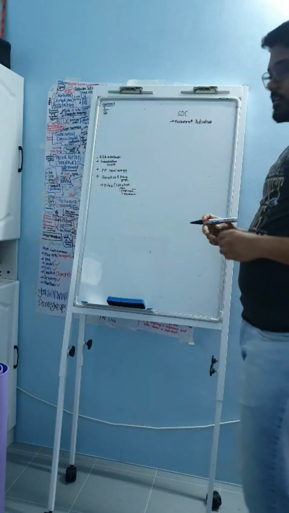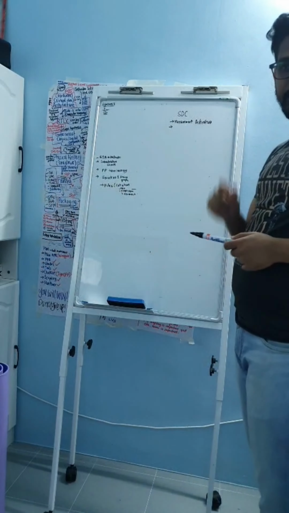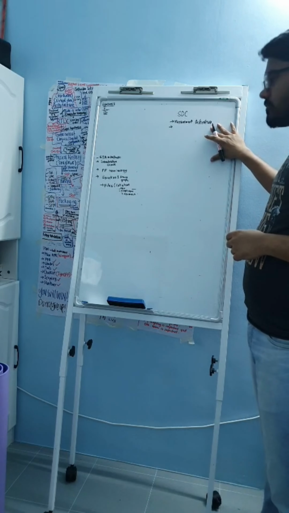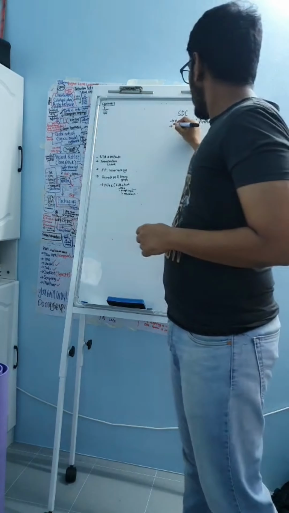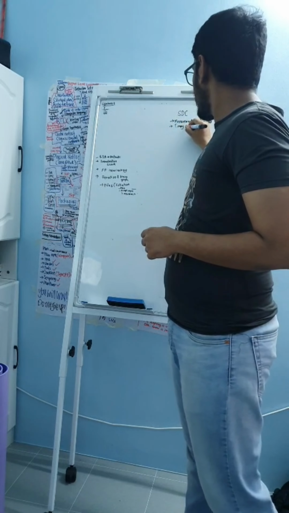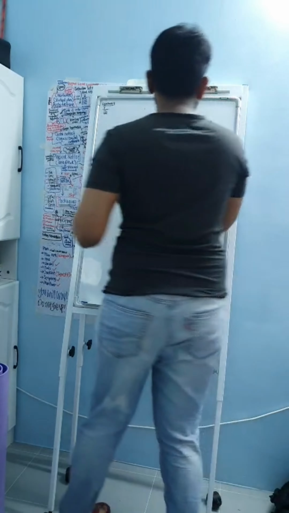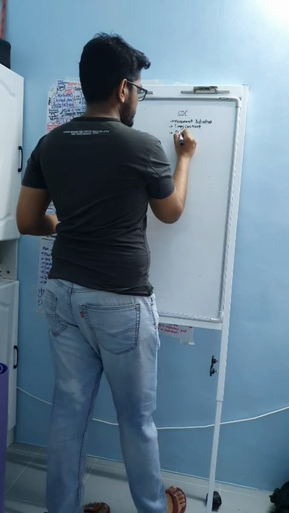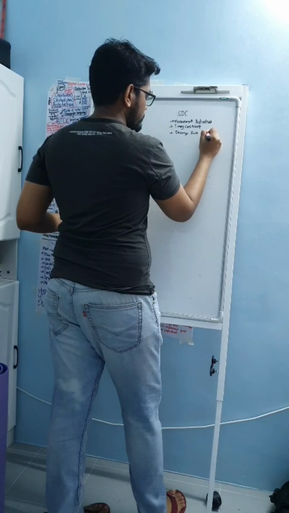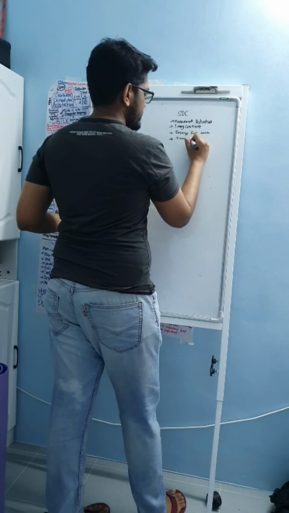There is a measurement definition here, and then we talk about the timing constraint. Then we talk about design rule constraint. Then we talk about timing exceptions.